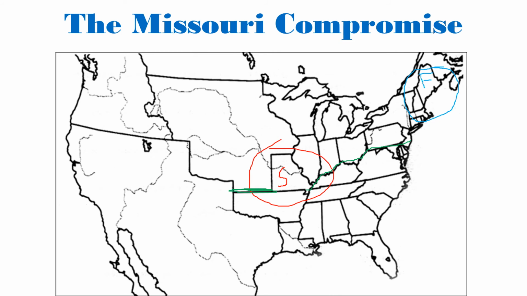No slavery would be allowed north of that. This is 36 degrees 30 minutes latitude.